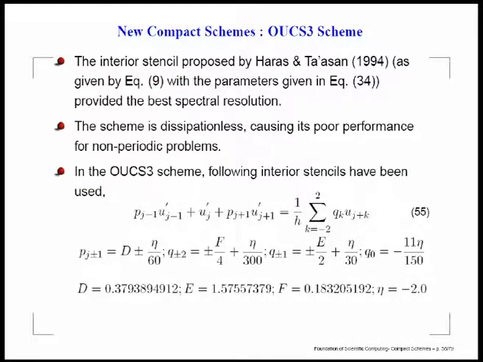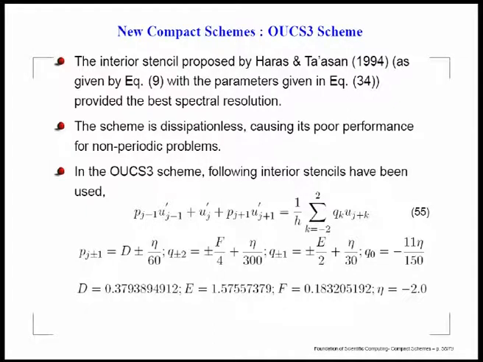Then we went and tried to fix the Haras and Poisson scheme, because we were quite happy to see that the Haras and Poisson scheme probably gave a very, very good spectral resolution. So we said, okay, we'll build a scheme, but we'll add a little bit of upwinding to the scheme. That's what we did.